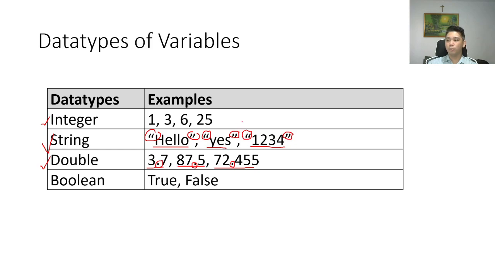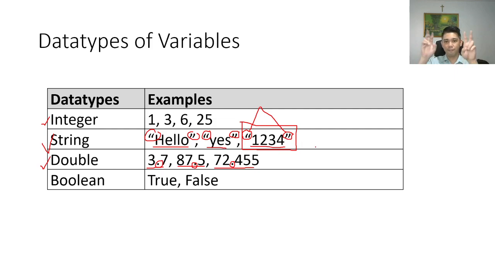Now, I want to point out that this 1, 2, 3, 4 that you see is actually not an integer, it is a string. Why? Because, like I've said, if there are quotation marks to it, those are definitely strings.